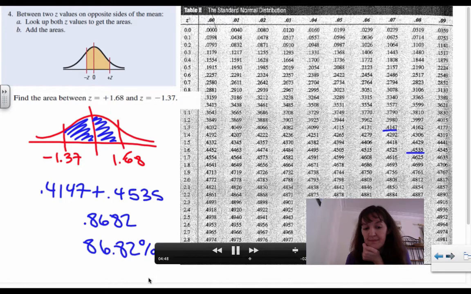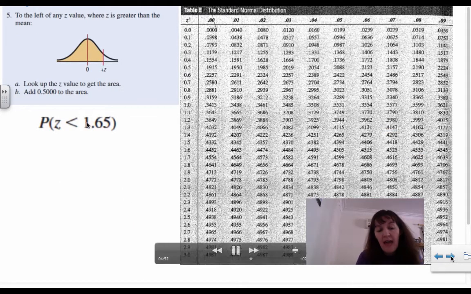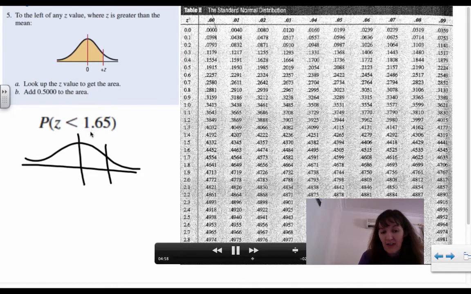All right, this one. Now this is kind of tricky to draw. I have the probability that z is less than 1.65. So I put 1.65 here, and I want everything that's less than that, so I color everything down there. I go to my chart, and I realize that this is what it looks like. So I want this area and that area.